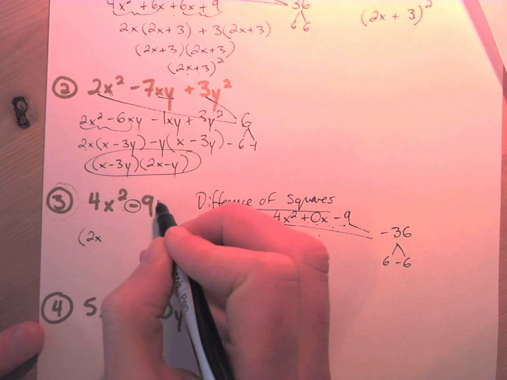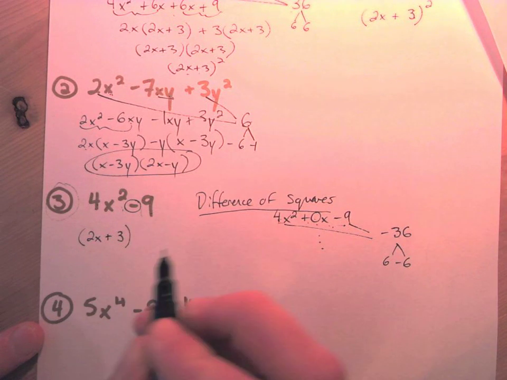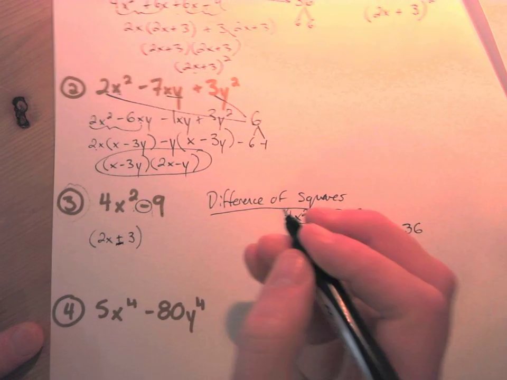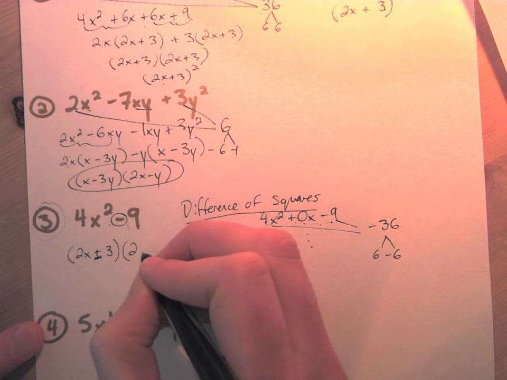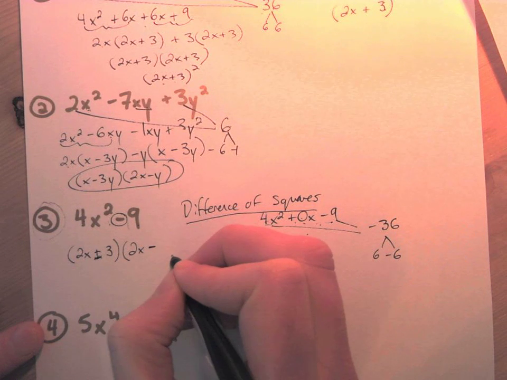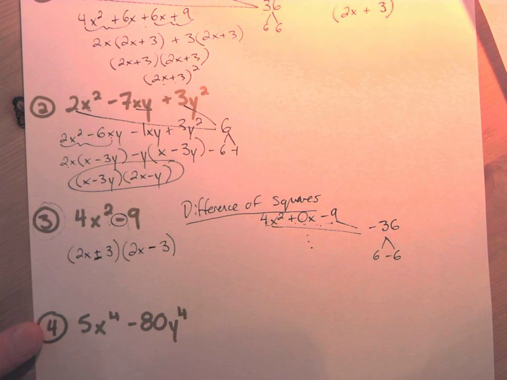Square root of this, which is 3. This will always be a plus. And then you write the exact same thing over again. Square root of the first one. But this time you write a negative and the square root of this one. So it's just 2x plus 3 times 2x minus 3.